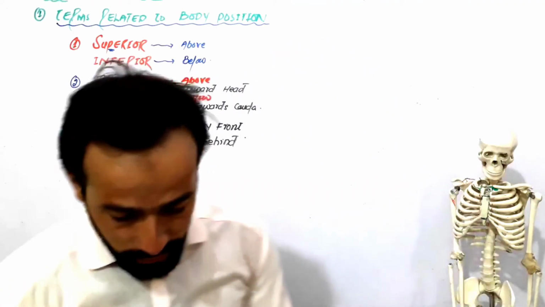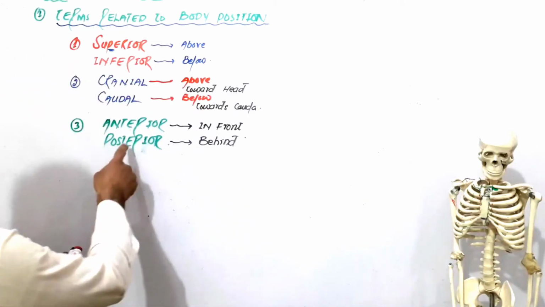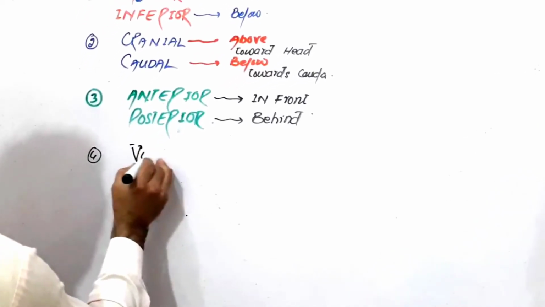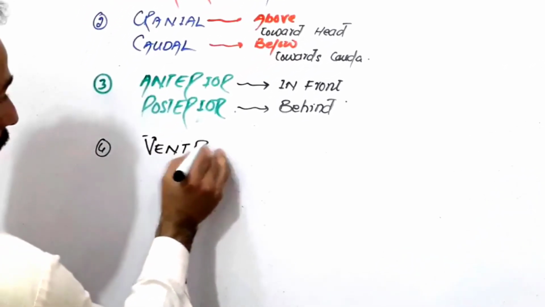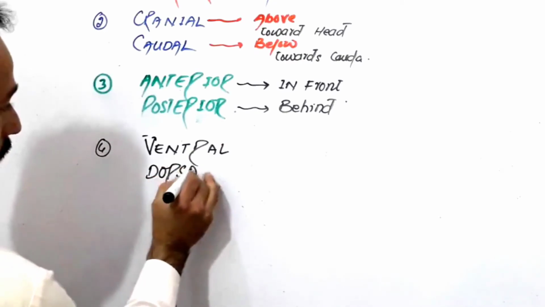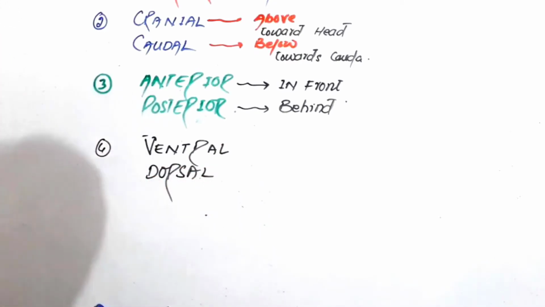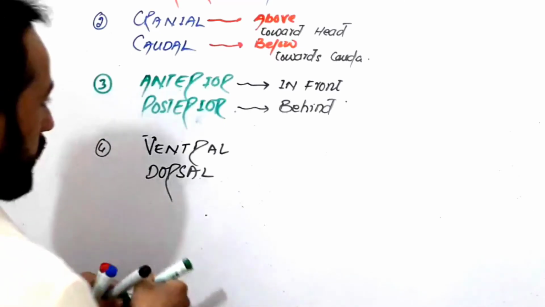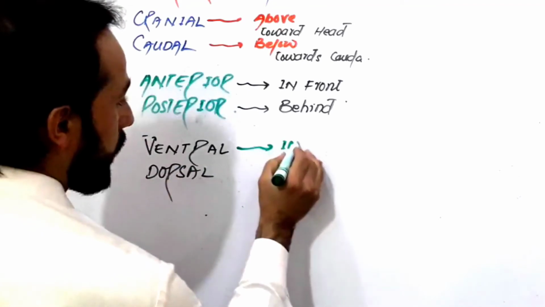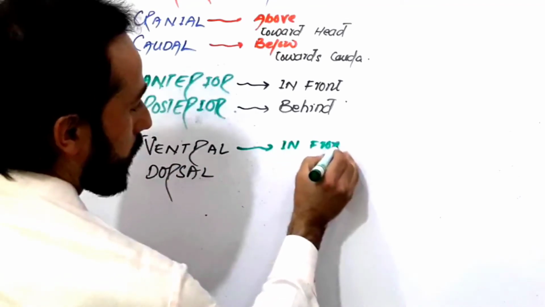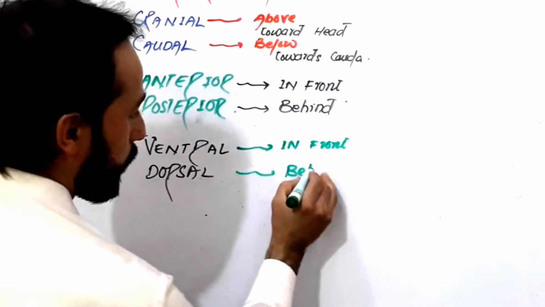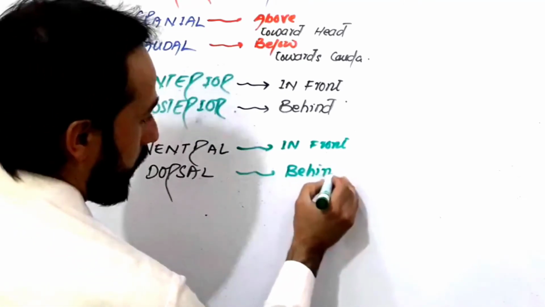Okay, friends. Then for these words, we also use ventral and dorsal, right? These are the same thing. So ventral means in front and dorsal means behind or posterior, right?